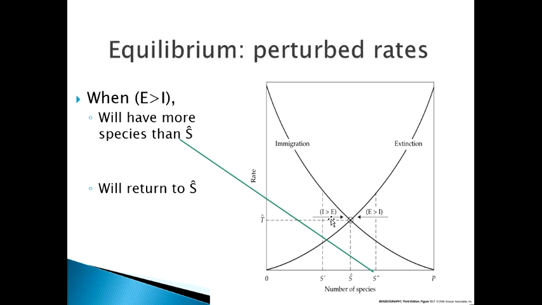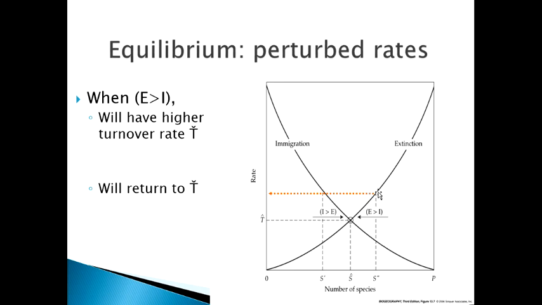If you have a situation where extinctions are greater than immigration, then you are looking at a situation where you have more species than the equilibrial number. So let's say we have on this island more species than our S hat, then just by the way this is plotted, the potential extinctions here are greater, and you also have a higher turnover rate.